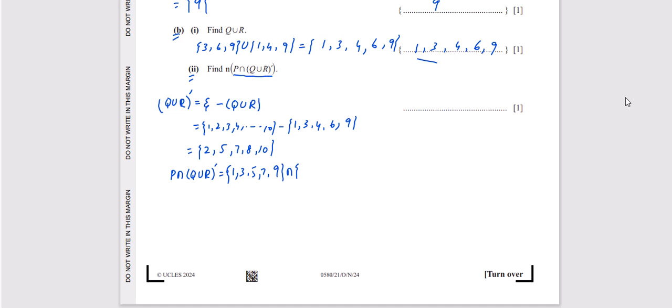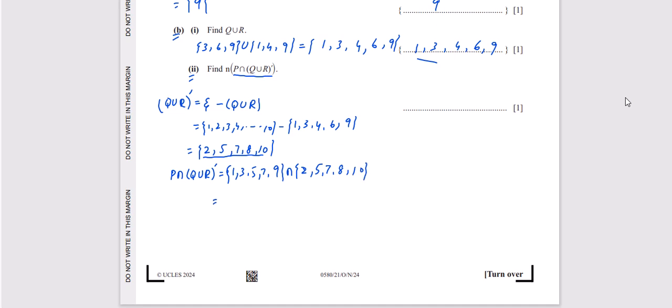Intersection with (Q union R) complement. This is a set: 2, 5, 7, 8 and 10.